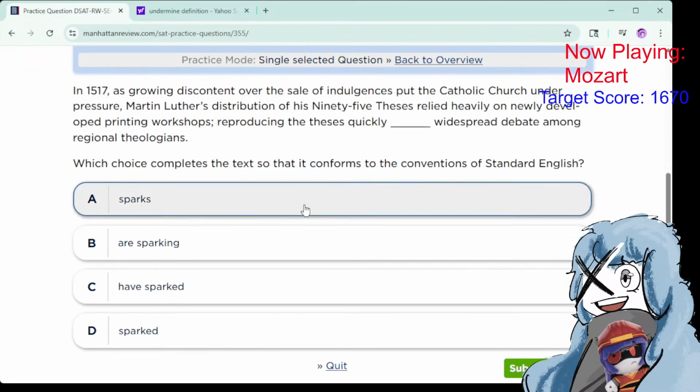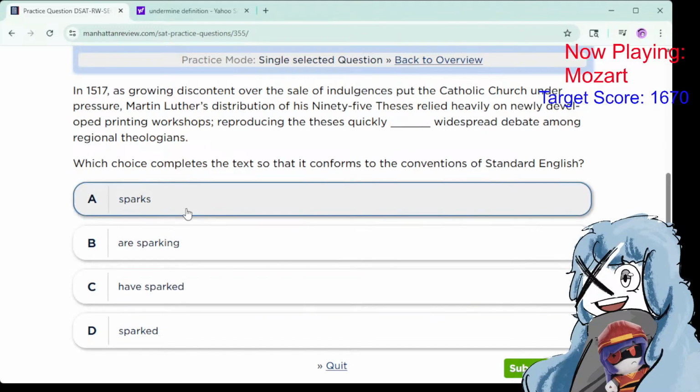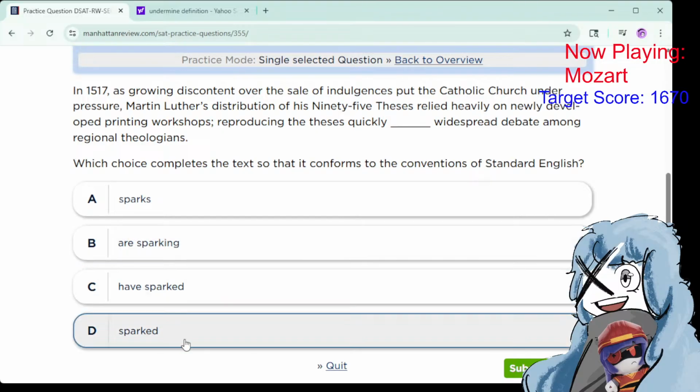Last one. Not sparks. Past tense. Not sparked.